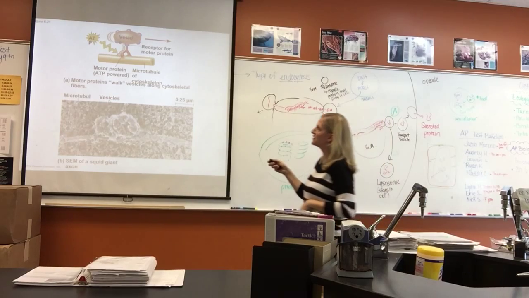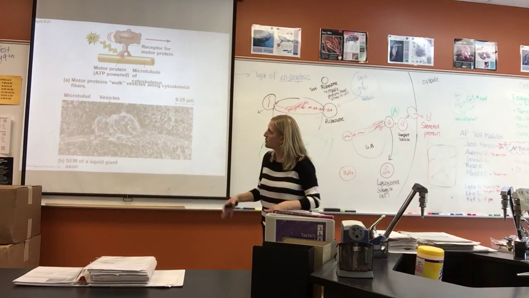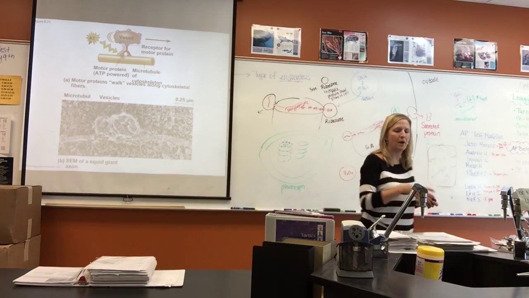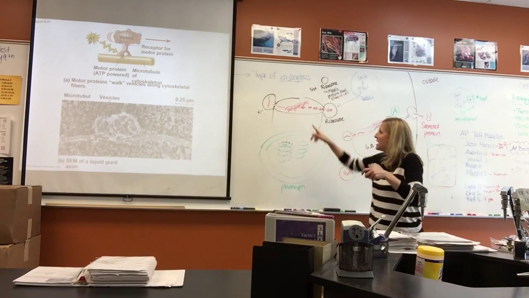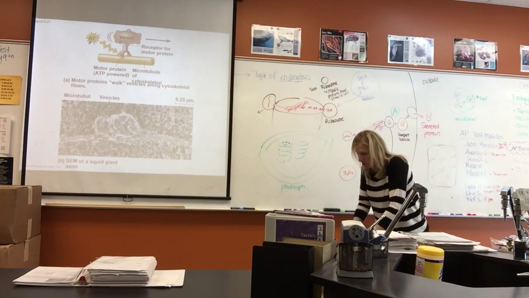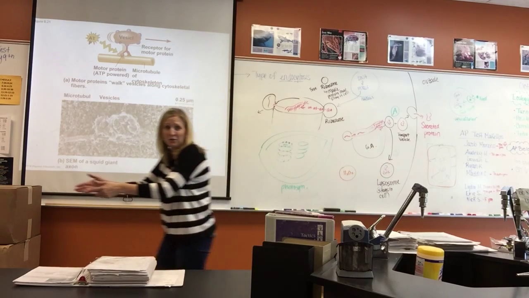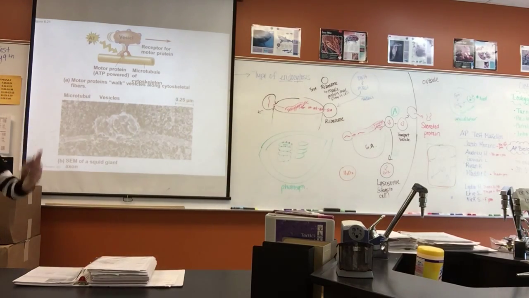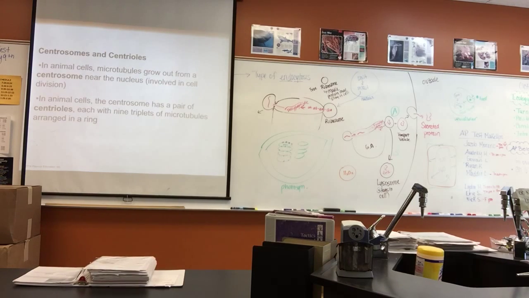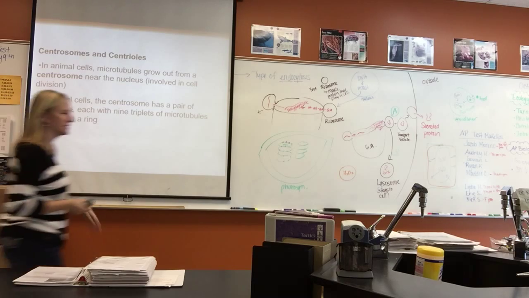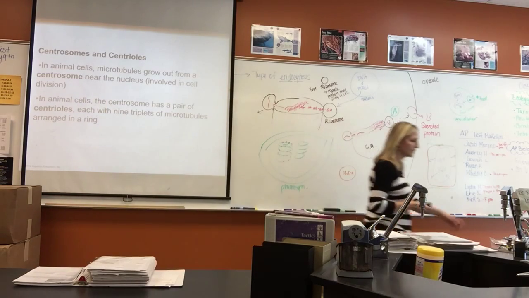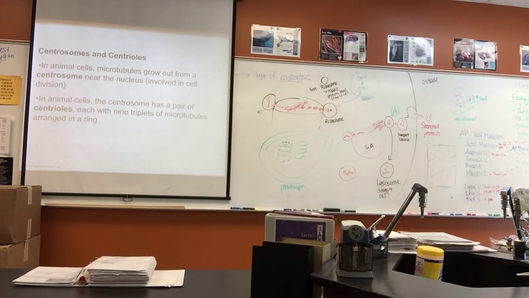Notice here on the vesicle there's this motor protein, and the motor protein interacts with the microtubule, so for the vesicles to move, they have this motor protein that they follow along the microtubule, all right? So it's kind of like this train track system, and that's how some organelles get from one place to another, on the microtubule there. So that's that. They illustrated that in that video. I don't know if you caught it or not. All right, so that's the cytoskeleton.